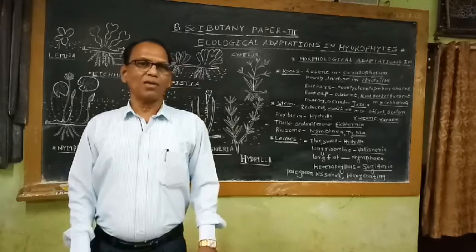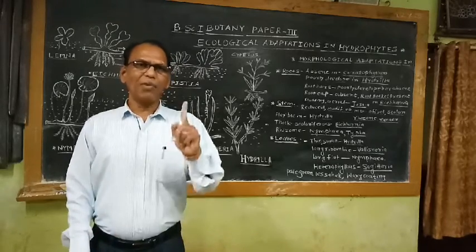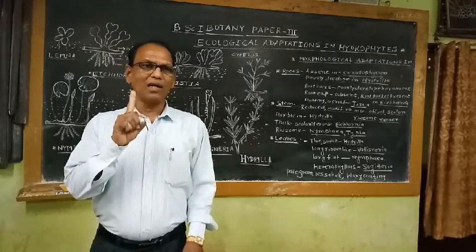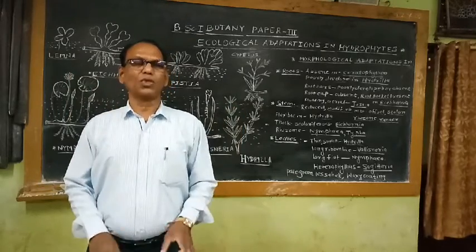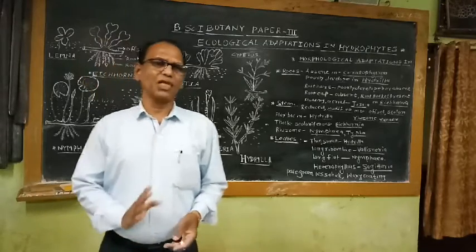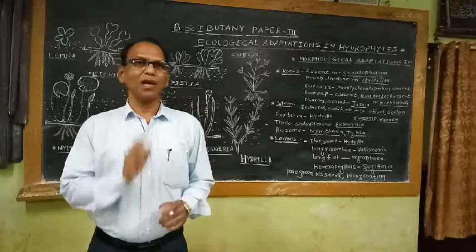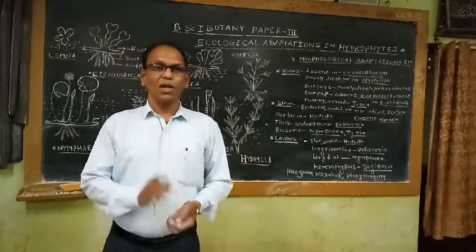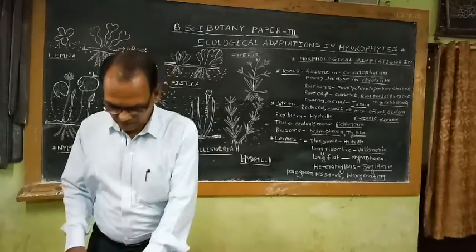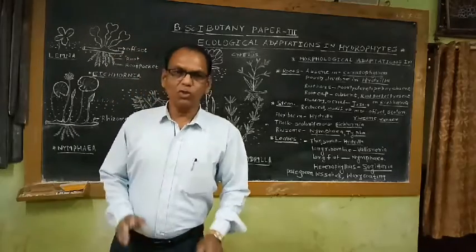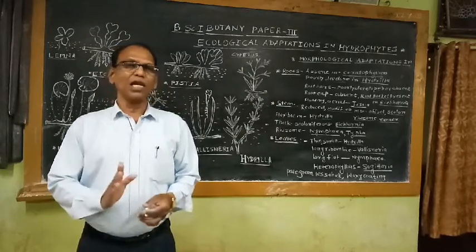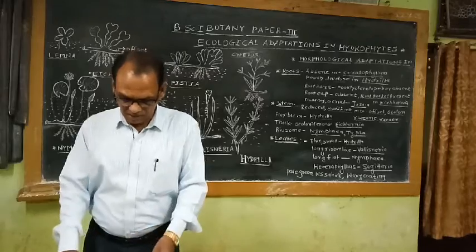Seeds in land plants are produced in large quantity. A single plant can produce thousands of seeds. For example, a single mango plant produces hundreds of one-seeded fruits. But in aquatic plants, a very small number of seeds and fruits are produced. That means reproductive structures are produced in less number, and generally on long branches.